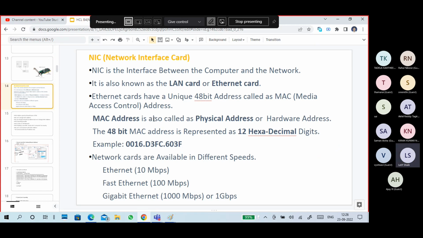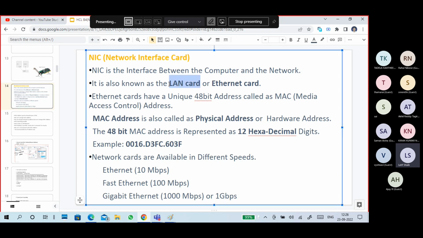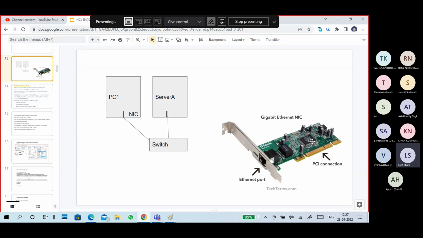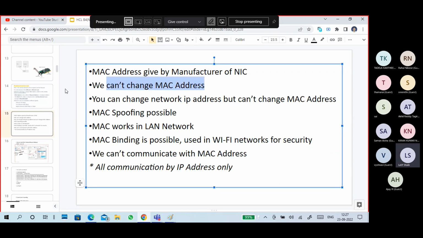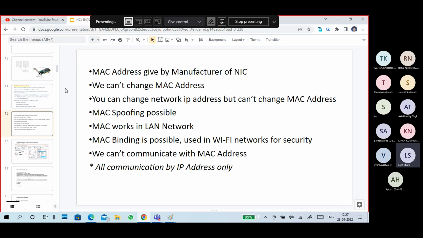When they manufacture a LAN card or Ethernet card, they put a MAC address directly on this chip. So this MAC address cannot be changed.